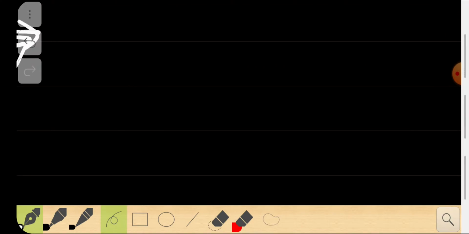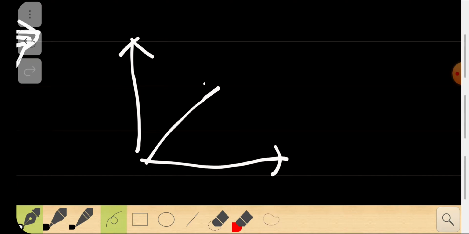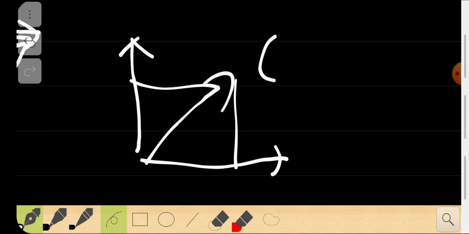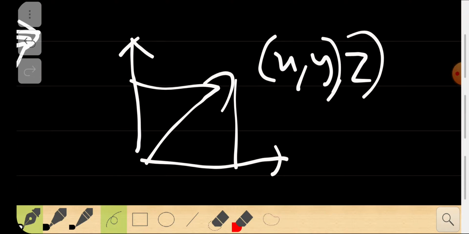We have seen how coordinate systems work, that you can represent any vector in terms of the x and y axes. This is called the Cartesian system, and you can introduce a third dimension, a z axis, and call it the three-dimensional Cartesian system.